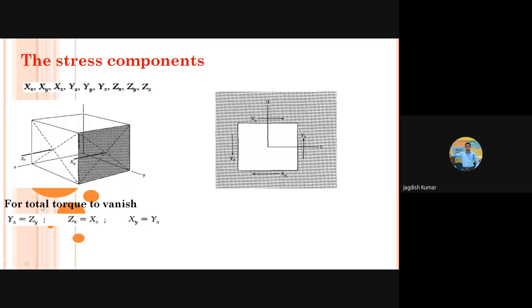That is why we make sure that XY is the same as YX, XZ is the same as ZX, YZ is the same as ZY, and so on. Is this logic clear, or any query on this? Any doubt or question on this?